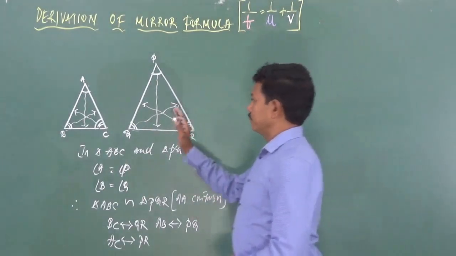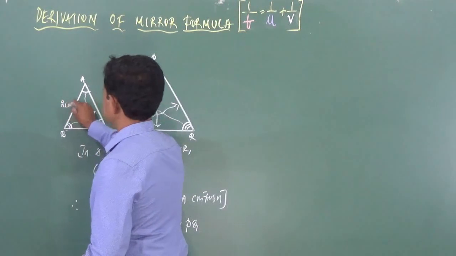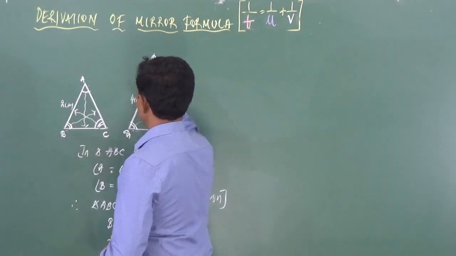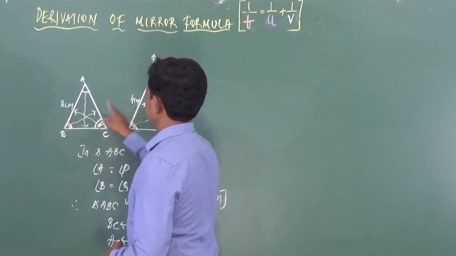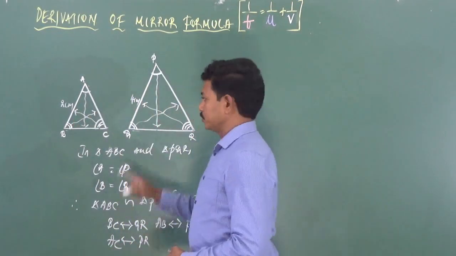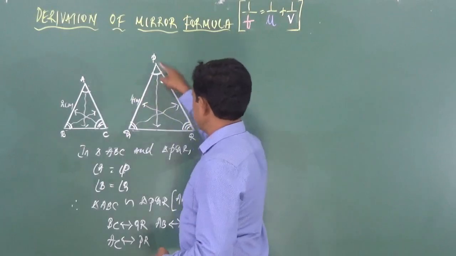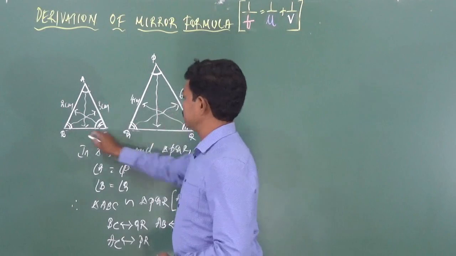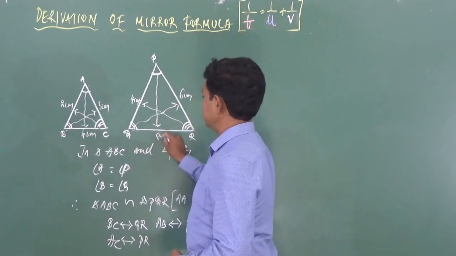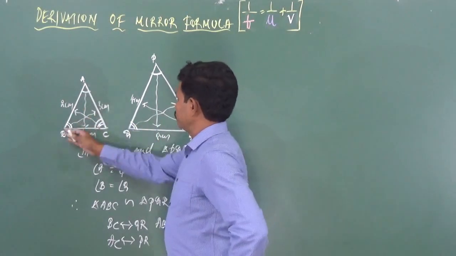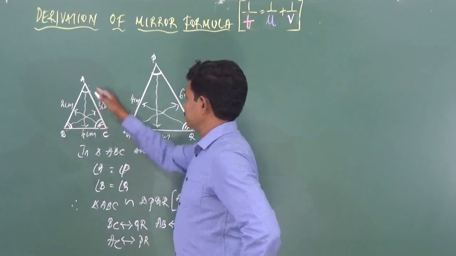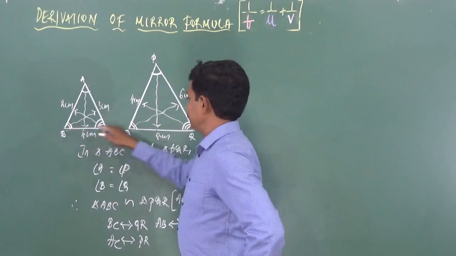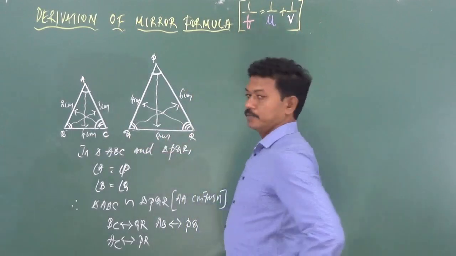For example, if AB is 2 centimeters and PQ is 4 centimeters, the ratio is 2 is to 4, that is 1 is to 2. In the same ratio you will get AC and PR: 3 centimeters and 6 centimeters, and 4 centimeters and 8 centimeters. 2 is to 4 is 1 is to 2, 3 is to 6 is again 1 is to 2, 4 is to 8 is again 1 is to 2.